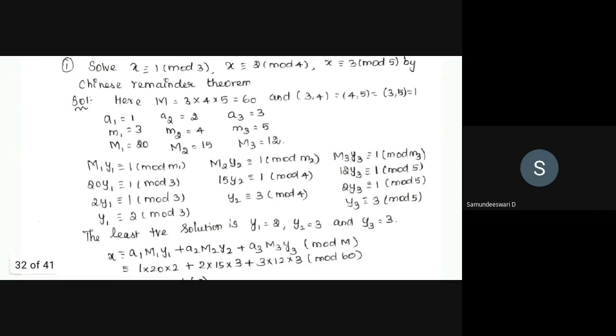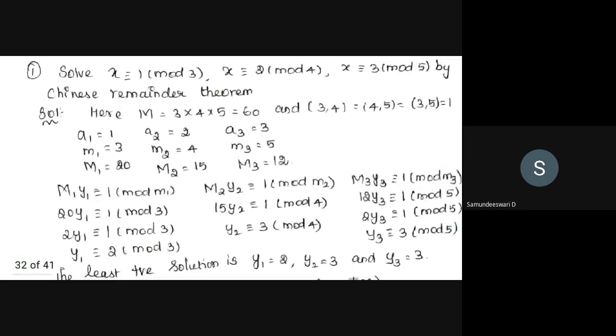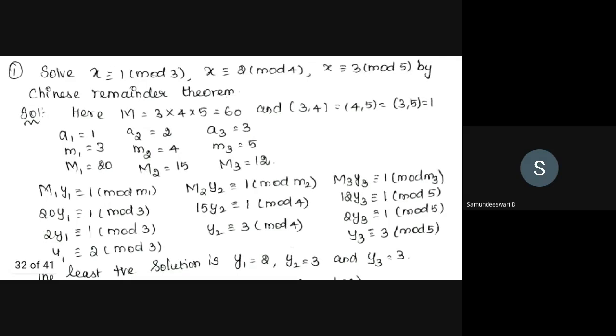Here, capital M will be considered. Capital M is the product of the given mods. Mod 3 can be considered small m1. Then in the second linear congruence, mod 4 is small m2, that is 4.